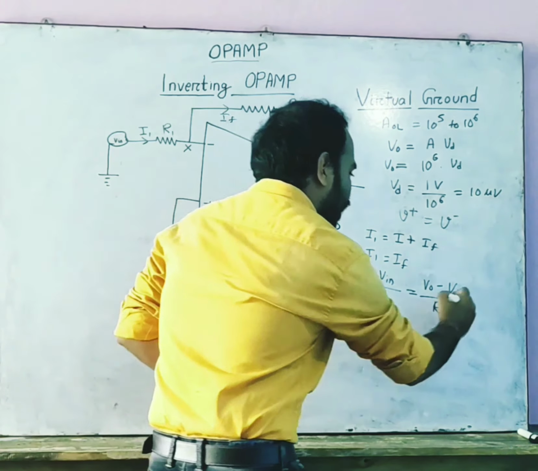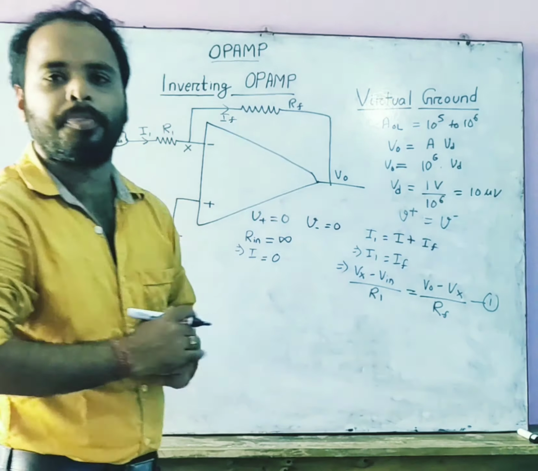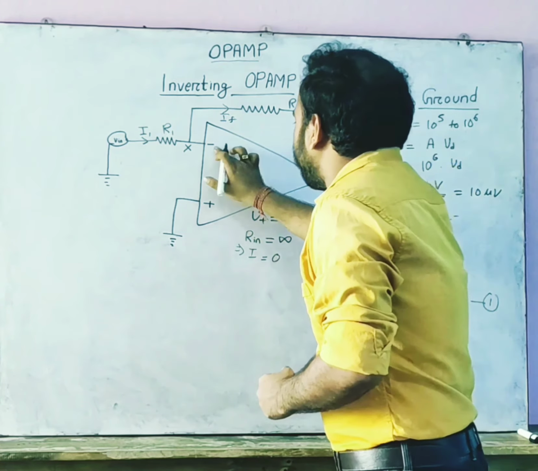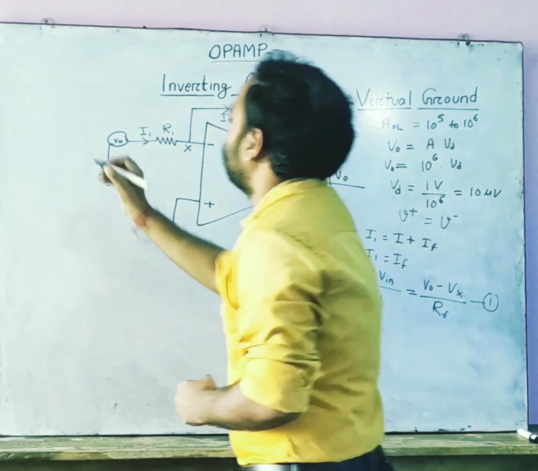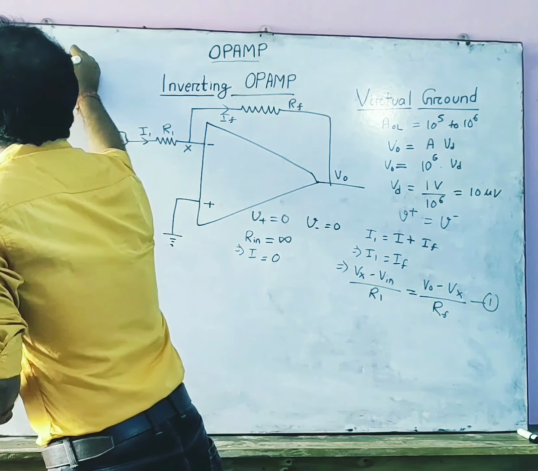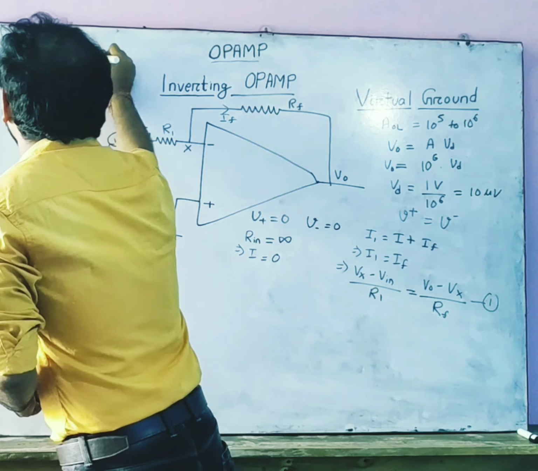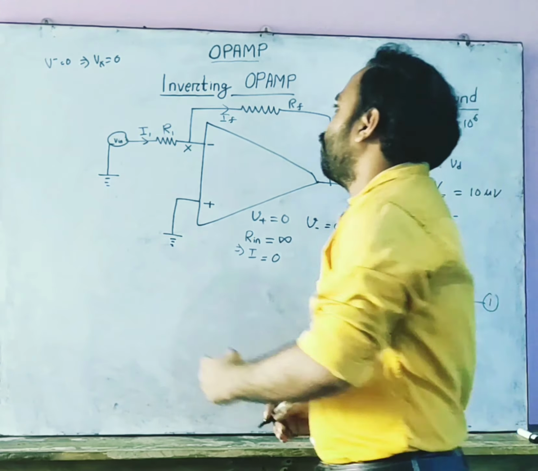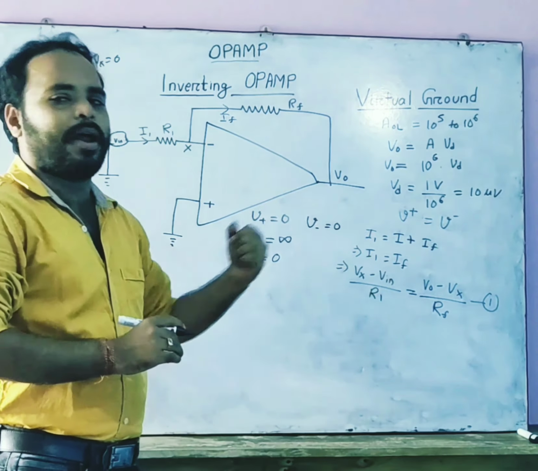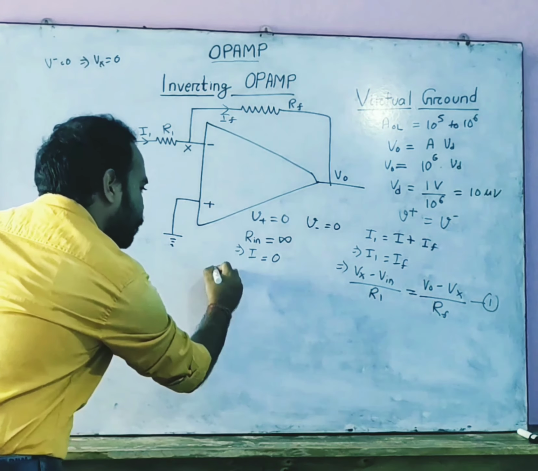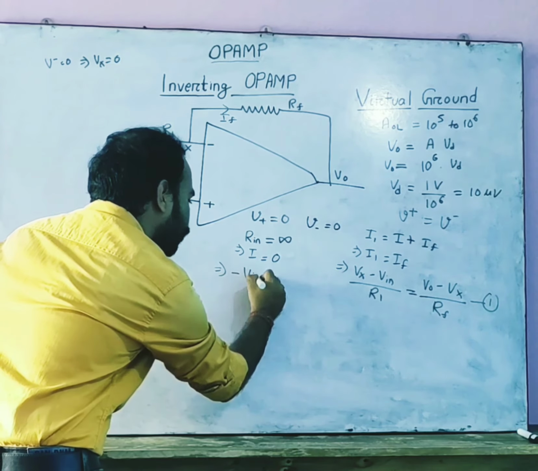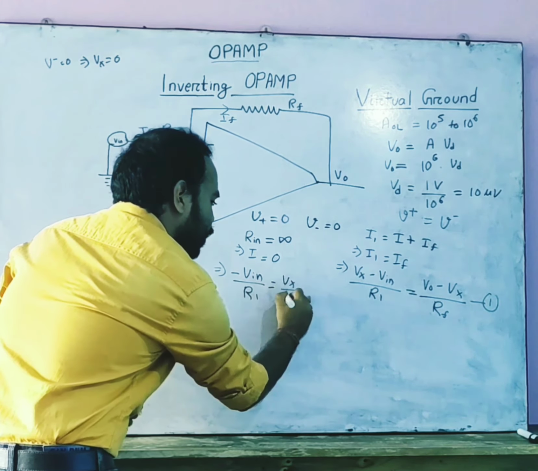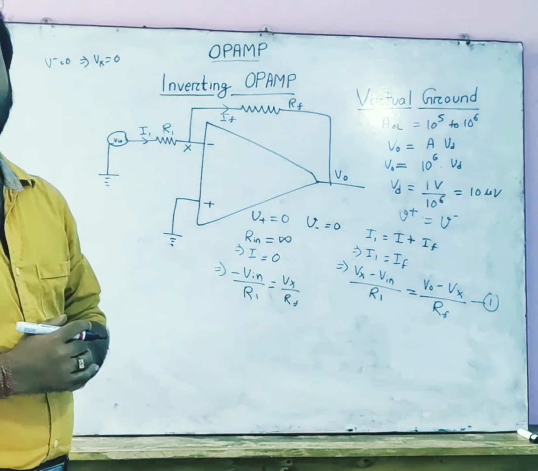Let us name it equation number 1. Since from the virtual ground connection we get the negative terminal voltage as 0, we can write Vx is also equal to 0. Now, using this value in equation 1, we can write minus V input by R1 equals V0 divided by RF.